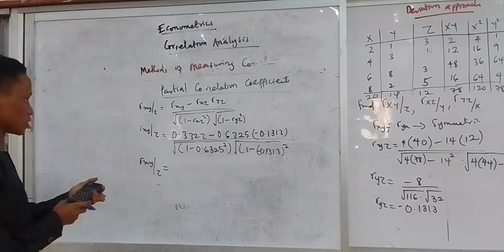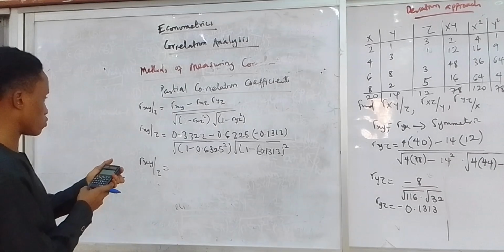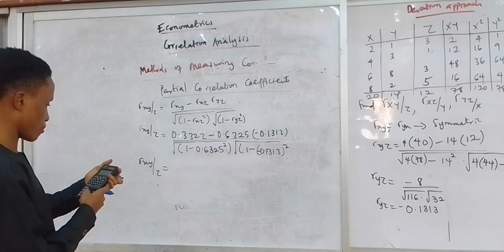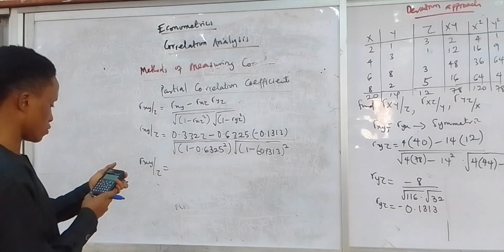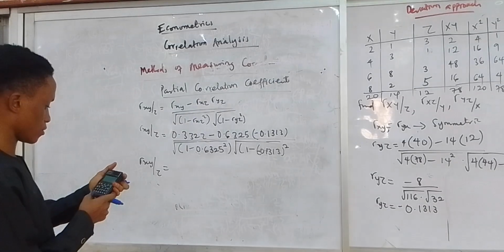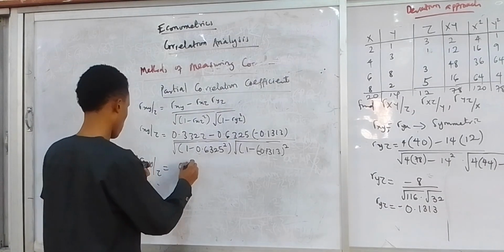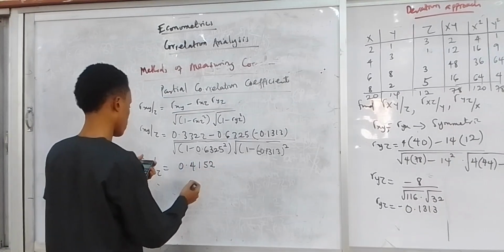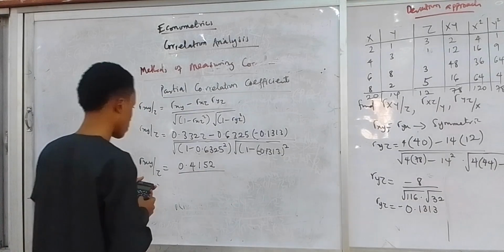Now let's press that in our calculator. So 0.3322 plus, in the bracket, 0.6325 multiplied by 0.1313. Close the bracket. Let's see what it makes here. I'm having 0.41452. Let's put that over square root of this now.